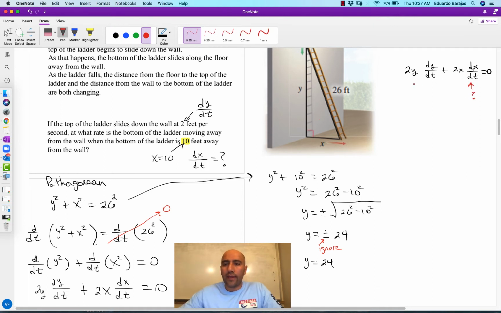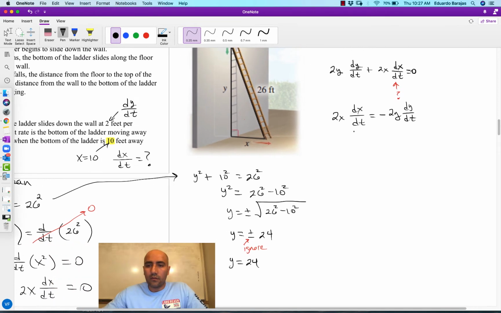Now we know that y equals 24 when x equals 10, and they gave us the value of dy/dt. So let's solve for dx/dt. I'm going to subtract 2y times dy/dt from both sides of the equal sign. And so we get 2x times dx/dt equals negative 2y dy/dt.